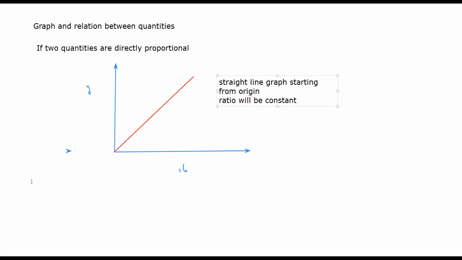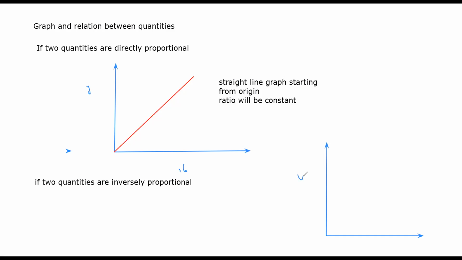But if two quantities are inversely proportional, then the graph between the two quantities will be a curve, and the product of the two quantities will be constant.